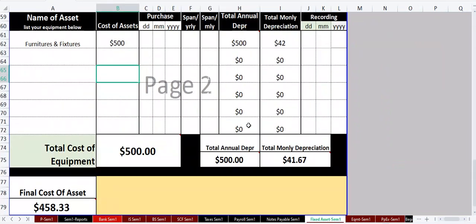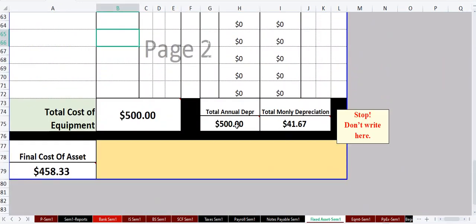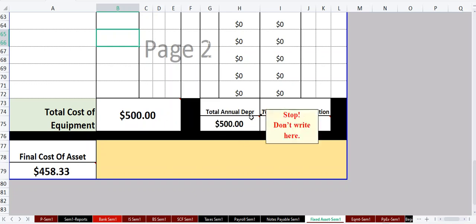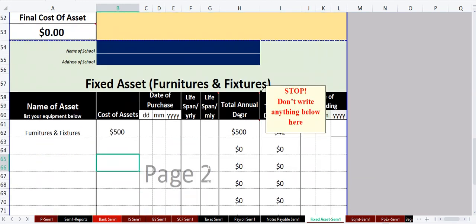Depreciation for the whole year was something like 500. So the total cost of the equipment is 500, but the annual depreciation definitely will be more than 1 year. So that was something that we didn't take note of.